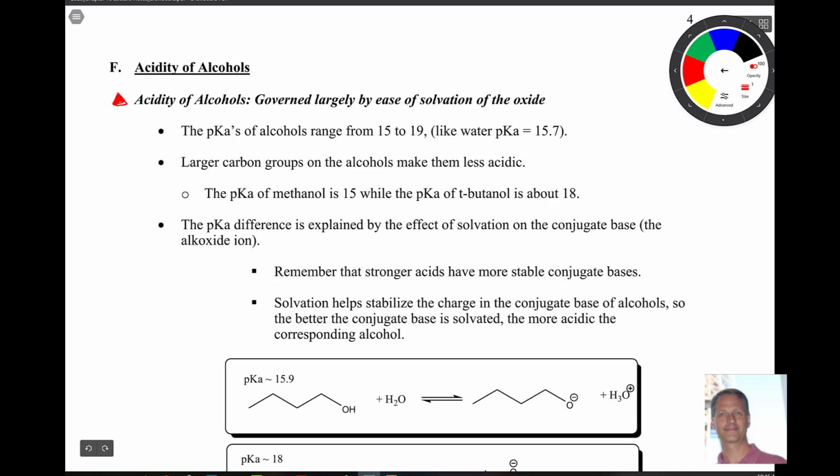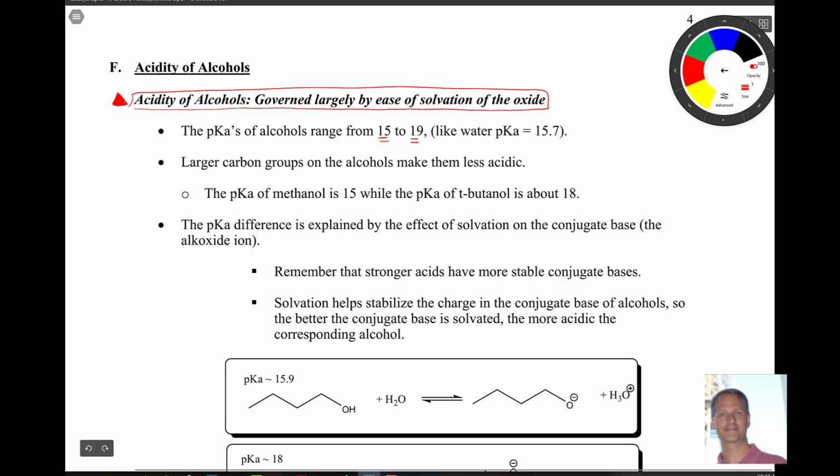Note that the acidity of these alcohols is governed largely by the ease of solvation of the oxide. The pKa's range from about 15 to 19, and it turns out that larger carbon groups on the alcohols make the alcohols less acidic.